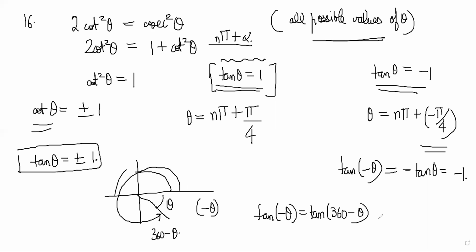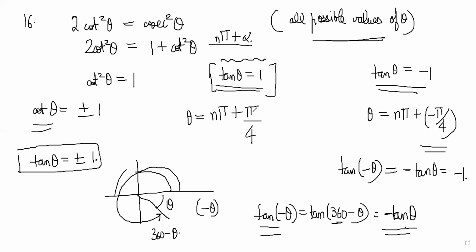And this is a fourth quadrant thing, so tan is negative, so minus tan theta, because the tan ratio doesn't change here, it's an even multiple of 90. That proves that minus tan theta is the same as tan of minus theta. So minus pi by 4 will work here. But for cos and sec it's positive only, right?